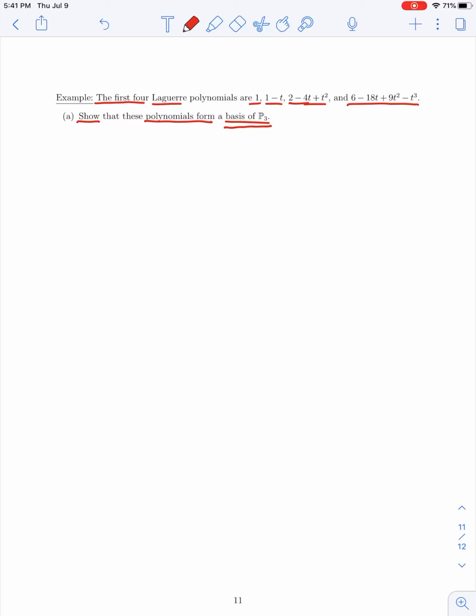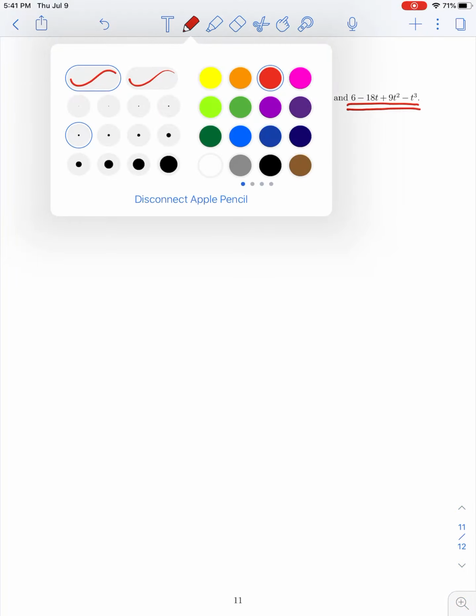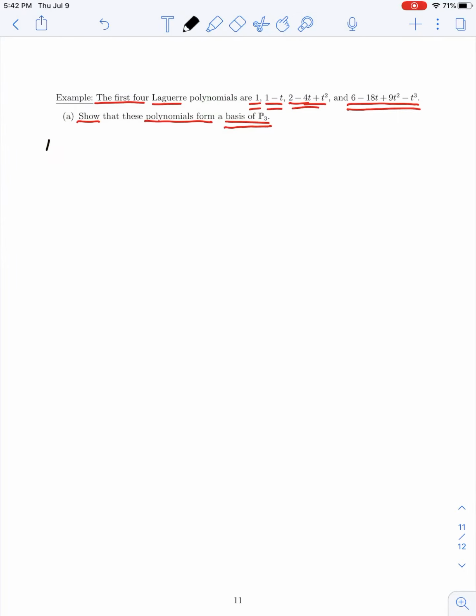So if we were to convert these four polynomials in P3 to their corresponding vectors in R4, and we can show that those vectors form a basis for R4, then these vectors must form a basis for P3 by use of this isomorphism. So let's consider the following.